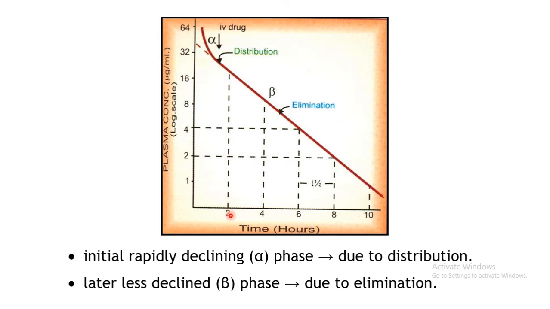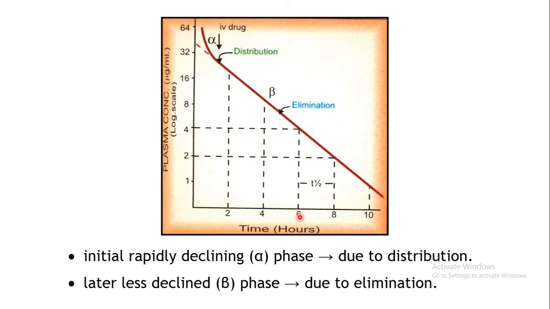Further, from 2 hours to 4 hours, how much decrease in the plasma concentration has taken place? It has decreased from 16 to 8. Okay. Further, in the next 2 hours, what has happened? The plasma concentration at 4 hours was 8 micrograms per ml, but at 6 hours, it has become 4 micrograms per ml. So what is happening? The concentration of your drug is reducing to half of its original, right? From 8, it has come down to 4.